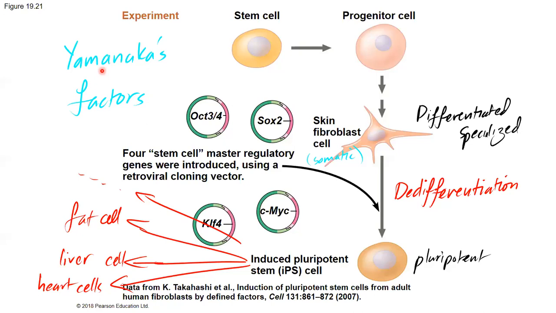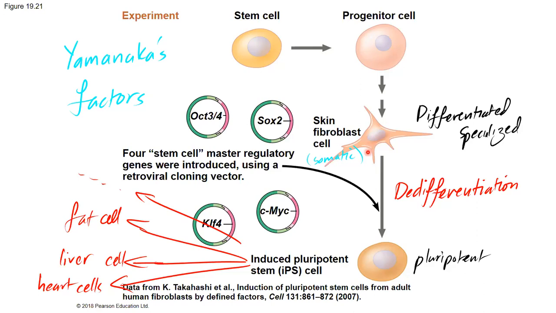Yamanaka is the family name of the Japanese scientist. His first name is Shinya Yamanaka. He's the Japanese scientist who actually developed the procedure to generate induced pluripotent stem cells from somatic cells.